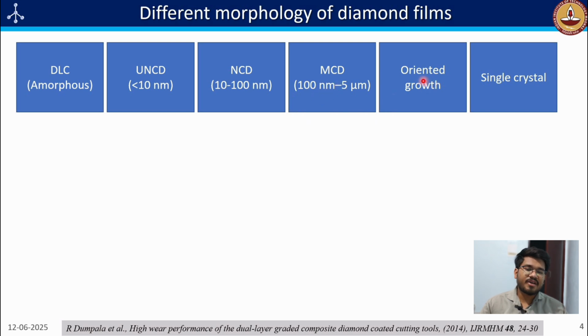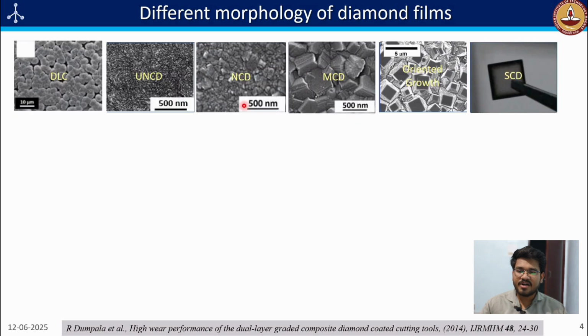We can have some oriented growth depending on certain physical parameters in our growth chamber, and we can also achieve single crystalline diamond. So these are the corresponding morphologies of those nomenclatures. If you go from microcrystalline diamond to nanocrystalline diamond, you can see the grain size is really decreasing.